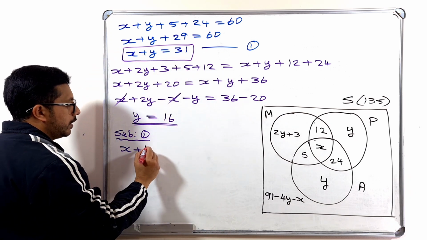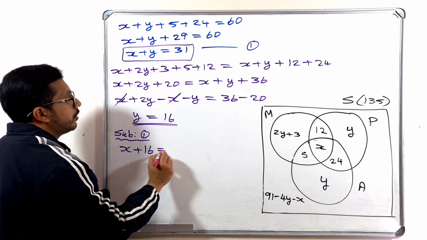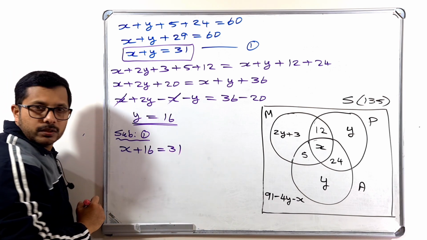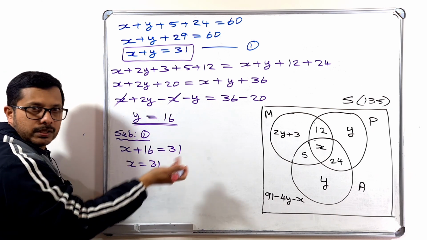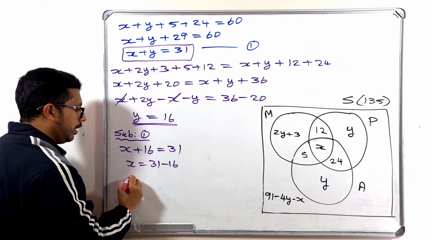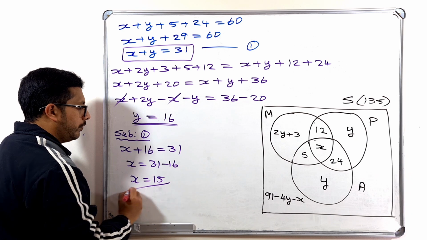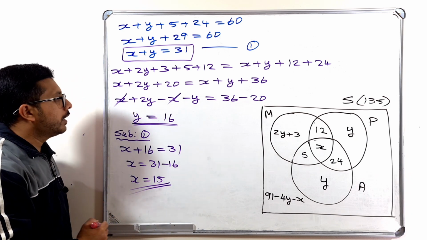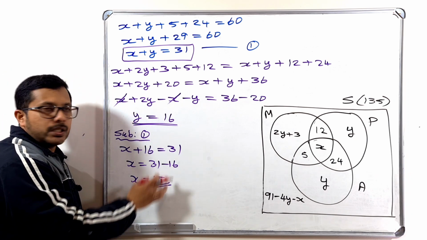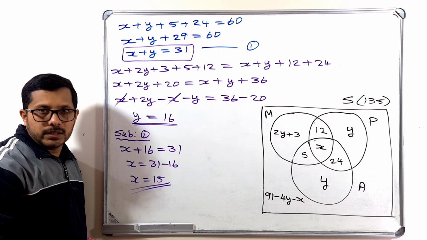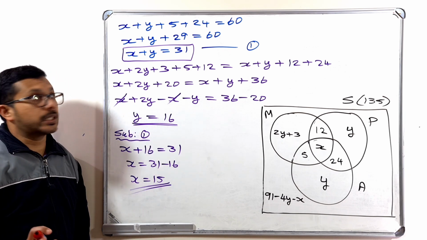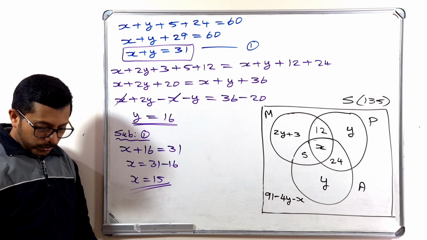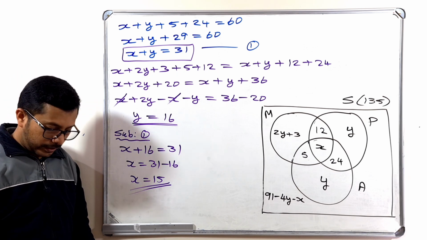So x plus 16 is equal to 31. Take this 16 to the other side, so it is minus 16, and x is equal to 15. So the value of x is 15 and the value of y is 16. That's all for question number 10.2. You have to find the values of x and y.